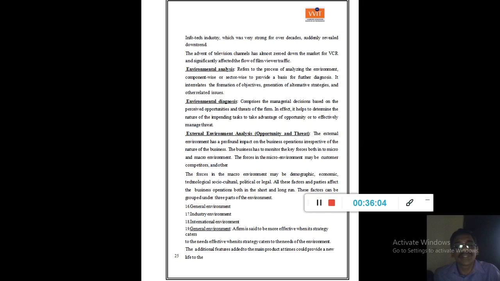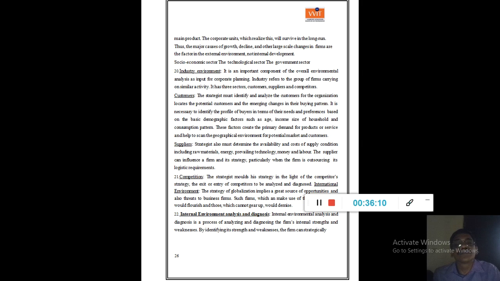So in the general environment, what are the things we will consider? General environment means the growth of the economy, decline of the economy, other large scale changes in firms. Those are the factors, the socio-economic factors, technological factors, government factors will be considered.